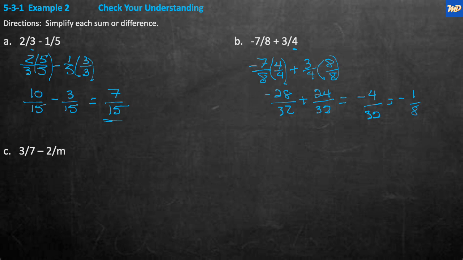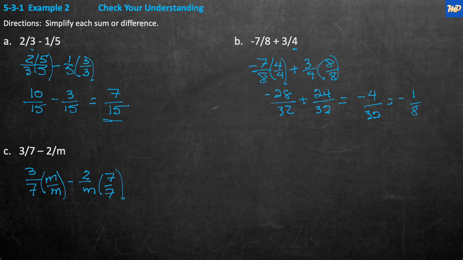Okay? And then we go over here and we have 3 divided by 7 times m over m. This is a perfectly good denominator. It's a variable, but it's perfectly good. And we're going to subtract from it 2 over m times the denominator on the first fraction, which is 7 over 7.